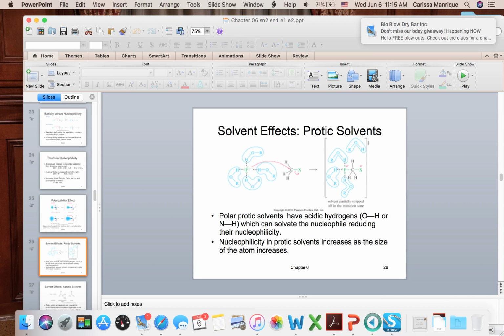It stabilizes charges, so it can make your nucleophile not as reactive. For example, in an SN2 reaction, you're not going to want a polar protic solvent because it's going to stabilize the reaction. You want it to react, okay? Now there's times where you do want to stabilize things, but this is not one of them. You want your nucleophile to be really strong and reactive, so you don't want to stabilize it. So polar protic solvents aren't good for that.